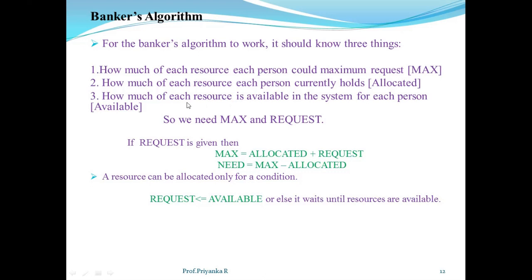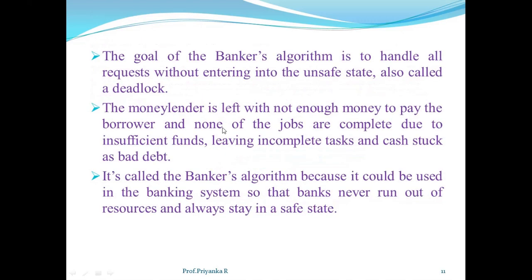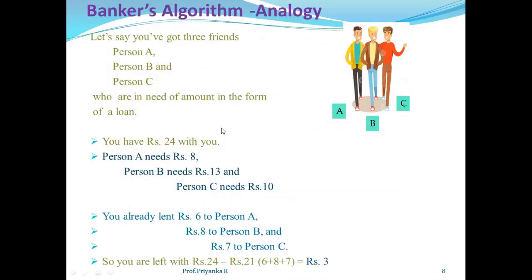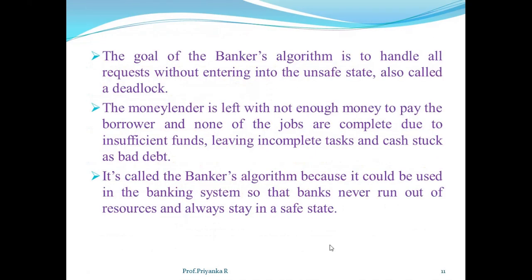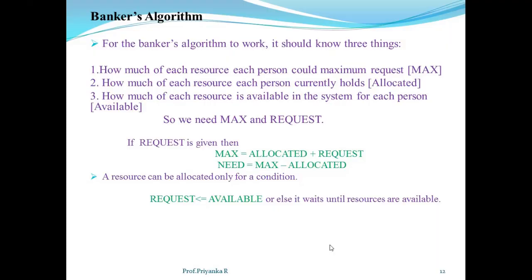The third point is available, which is how much of each resource is available in the system. After lending a particular amount in the first scenario, we are left with 3. This is the available amount, or available resources in terms of processes. In the second scenario, we were left with only rupees 1, which is the available resources.